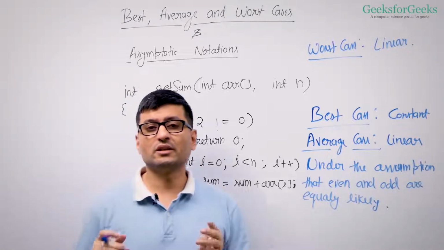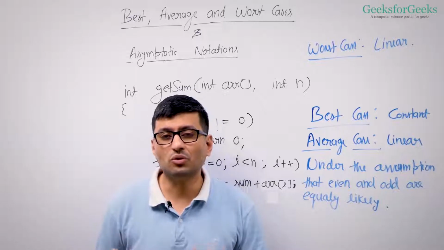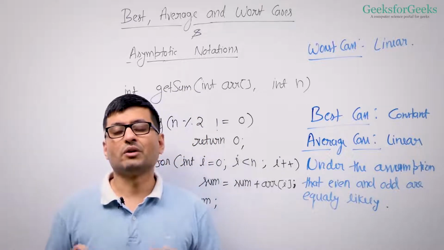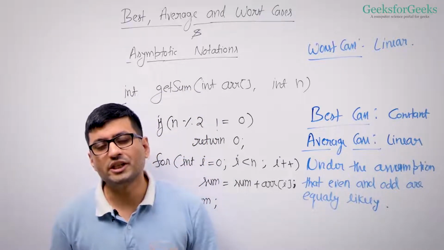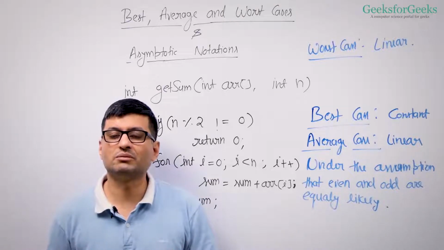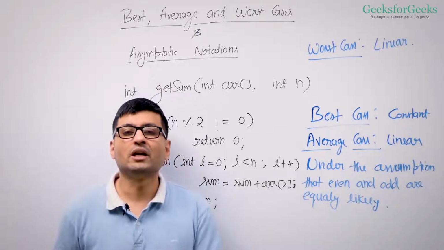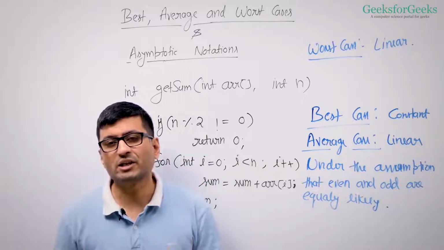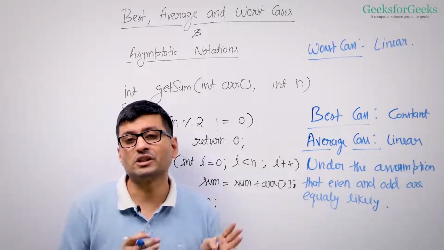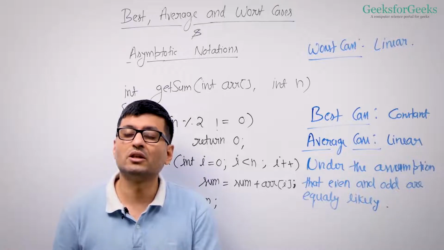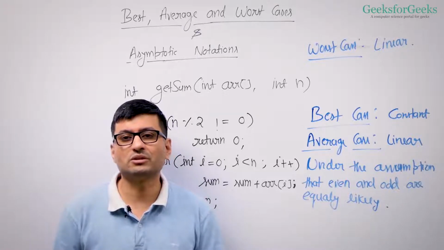Worst case is something which we do most of the time. We try to find out what is the case for which our algorithm is going to take maximum time, and we find that time and say that worst case time complexity of this algorithm, order of growth in worst case for this algorithm, is so and so.